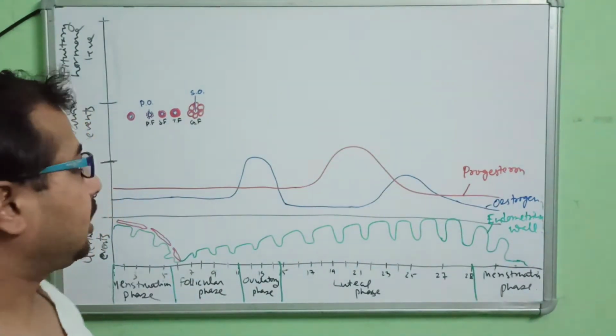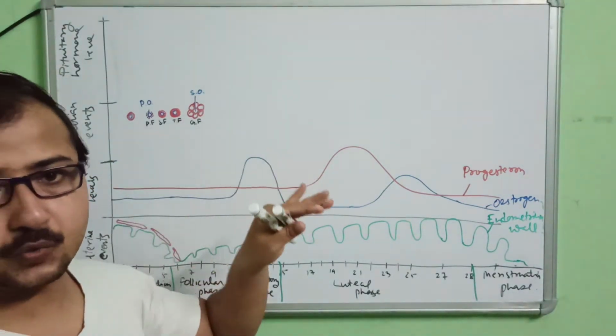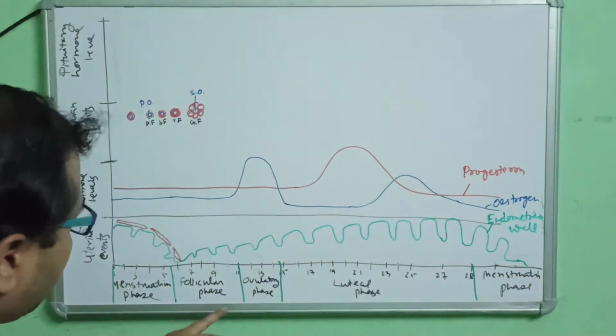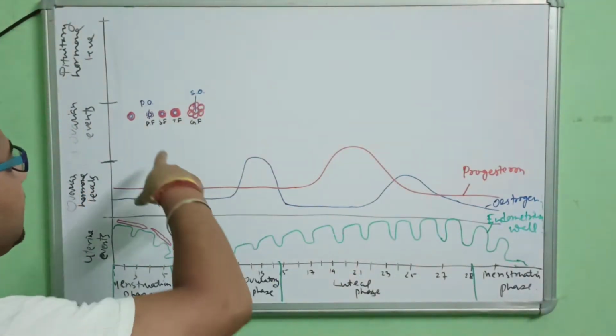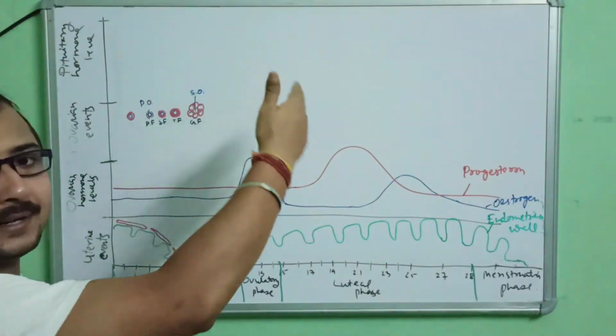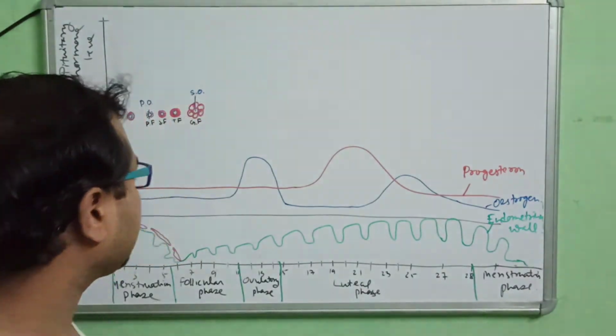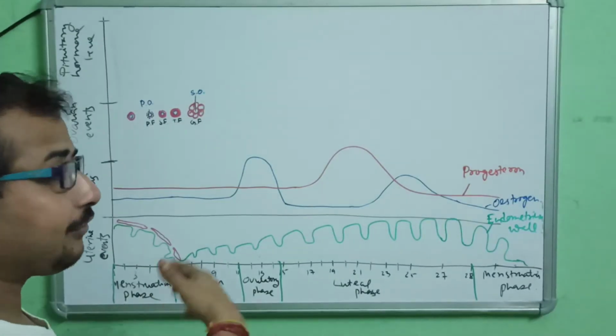Okay, if you concentrate here, it is very easy to understand. So all the follicles develop, and inside the follicles, the primary oocyte has developed into the secondary oocyte already. Okay, and now the ovulatory phase is supposed to start.